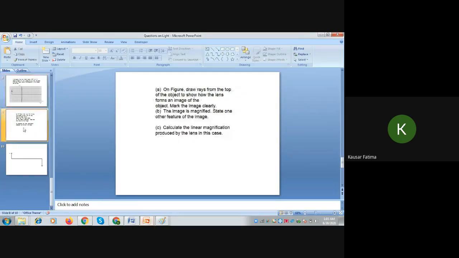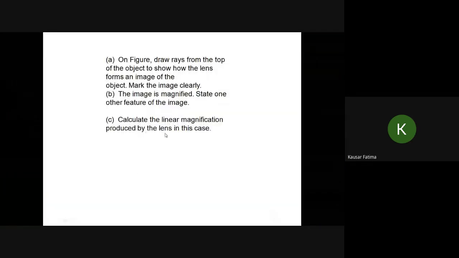So we have solved all the parts of this question. Linear magnification: there is angular magnification also, but that is not in your syllabus. Linear magnification simply is the ratio of image height to object height, or image distance divided by object distance.